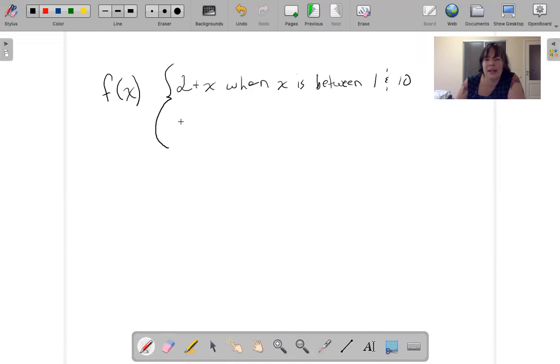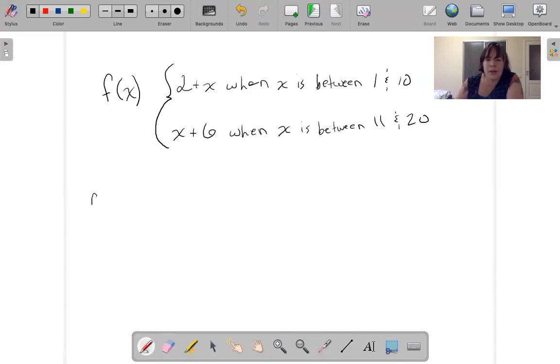And f of x is x plus 6 when x is between 11 and 20. All right.